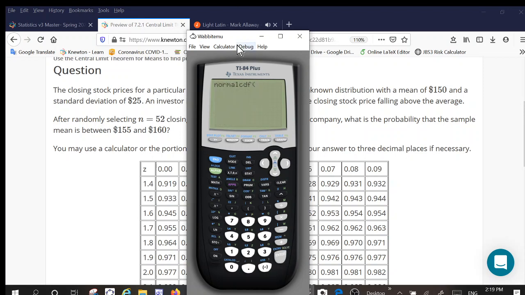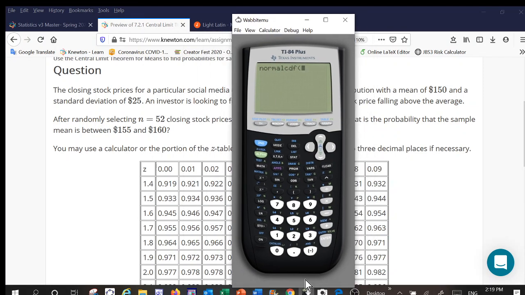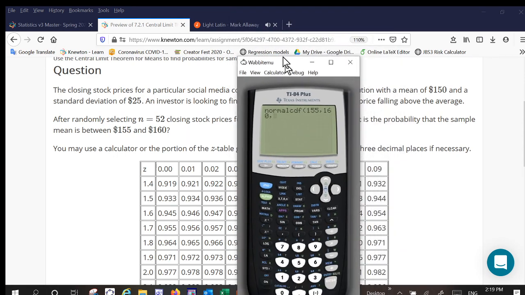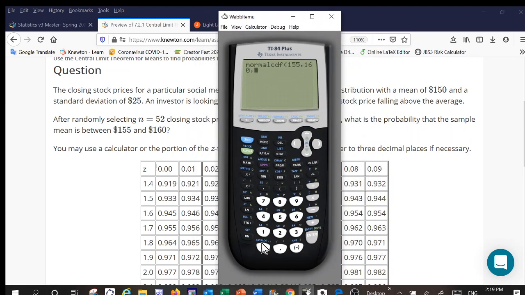Normal CDF, this time we want to go from 155 to 160, and the mean of the distribution is the same as the mean of the population, which is 150.